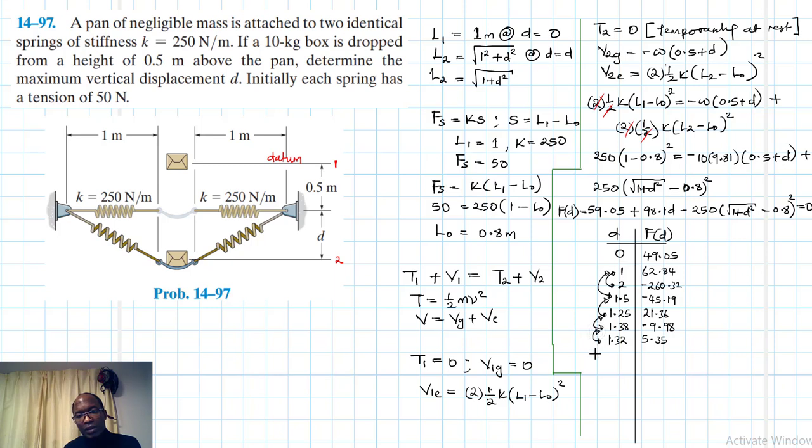Okay, so we keep on doing that. 1.32 plus 1.38 divided by 2, this is 1.35. What do we get for 1.35? That's a minus 2.13.